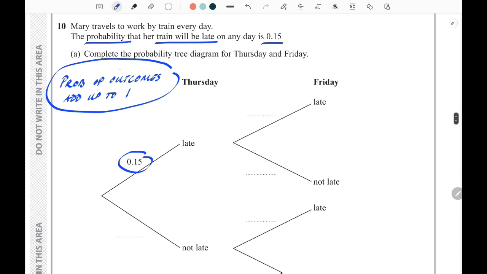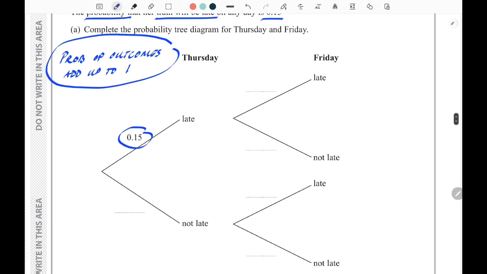So it says complete the probability tree diagram. So on Thursday, if it's going to be late, that's 0.15, as I've already told you. So the probability of it being not late must be 1 minus 0.15. So that's 0.85.